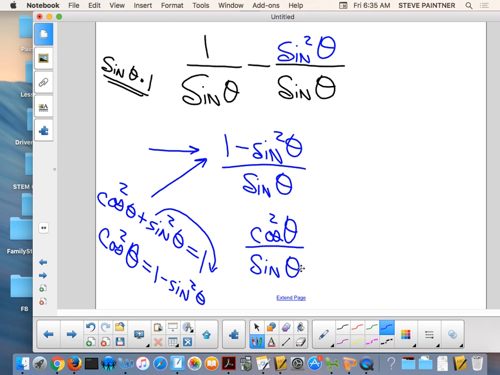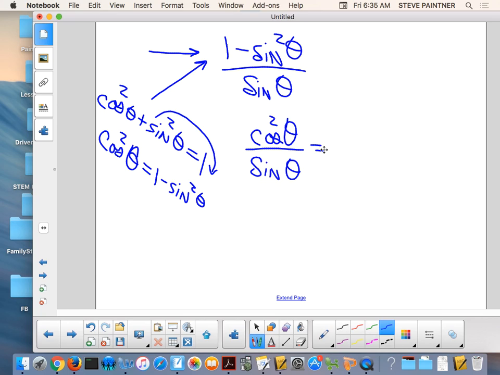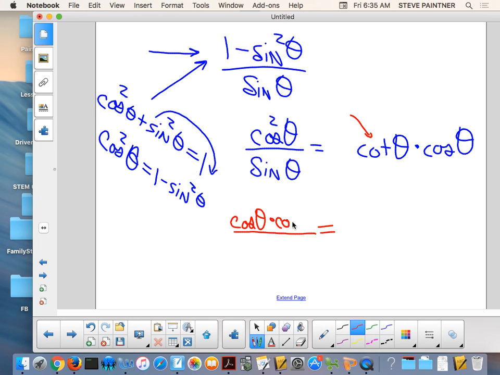Okay. Now, remember, this is supposed to equal what? Cotangent times cosine. Okay, now, if that's true, somehow this has to be cosine over sine times cosine. Well, if you look back here, guys, you have a cosine squared on top of a sine. So really, isn't that cosine of theta times cosine of theta over sine of theta?